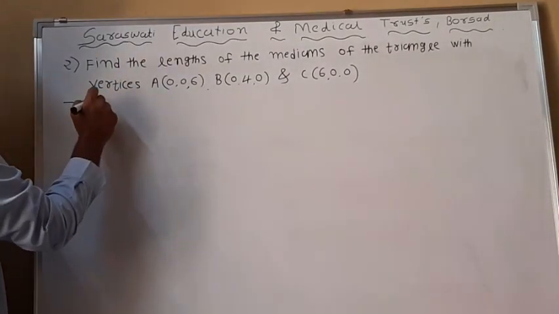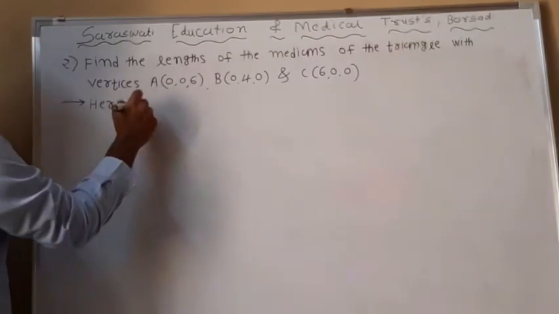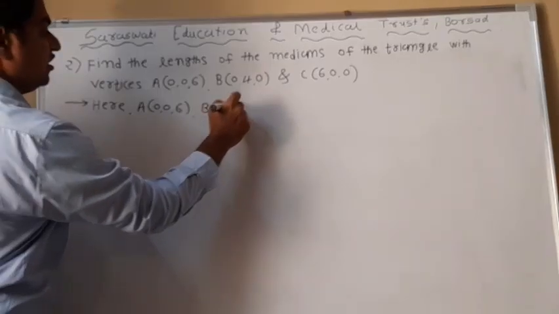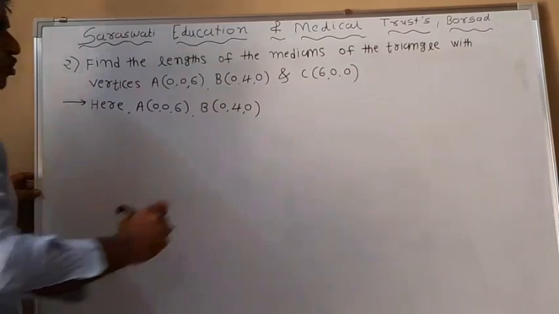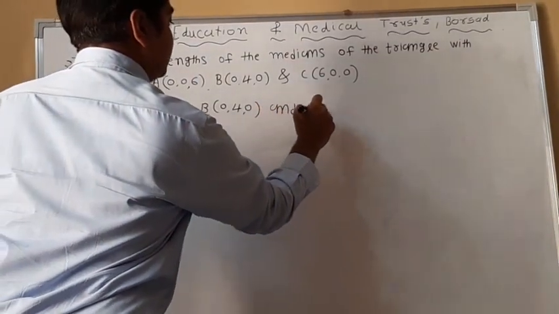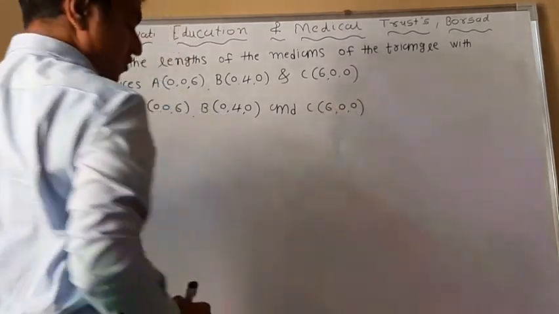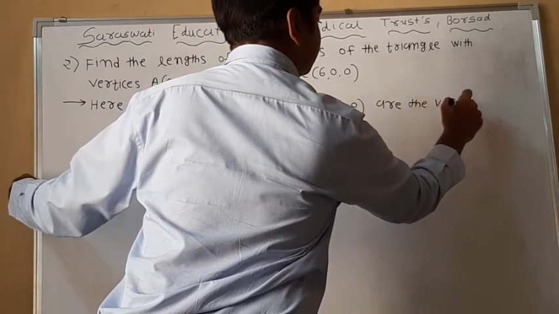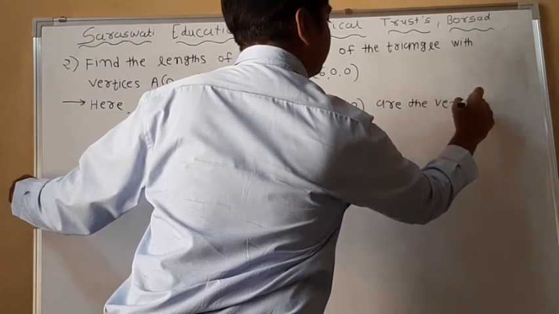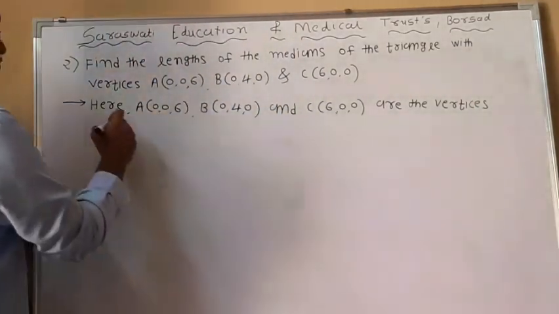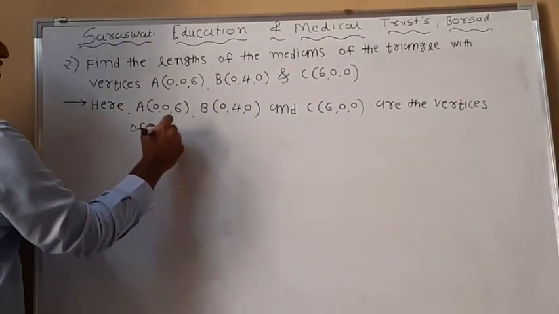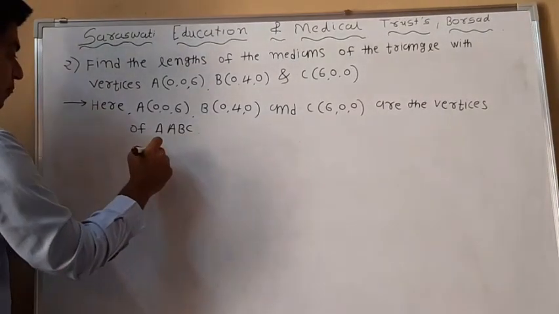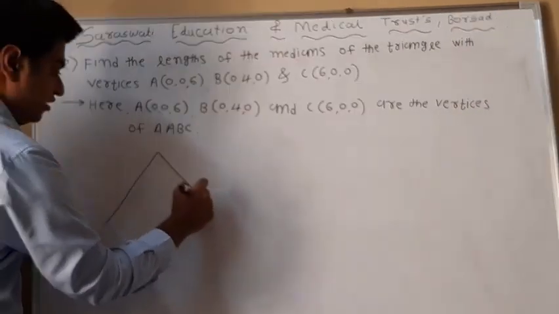So first, write A coordinates 0, 0, 6, B coordinates 0, 4, 0 and C coordinates 6, 0, 0 are the vertices of triangle ABC. Now, first of all, draw triangle ABC.